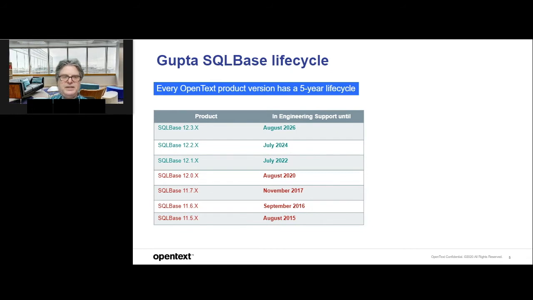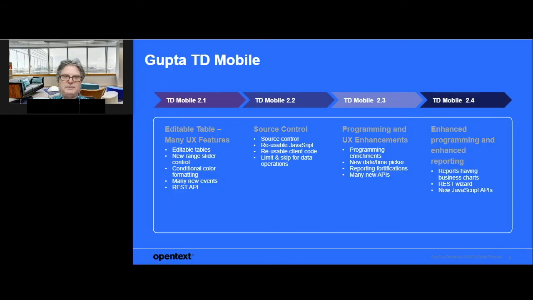So basically, SQLBase 12.0 has gone out of engineering support in August 2020, and the active versions are now 12.1, which will go out of support actually in summer this year. And you see 12.3 is until August 2026. But the main thing here to remember is that 5-year life cycle.